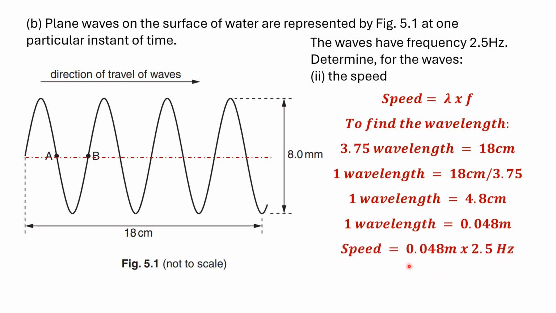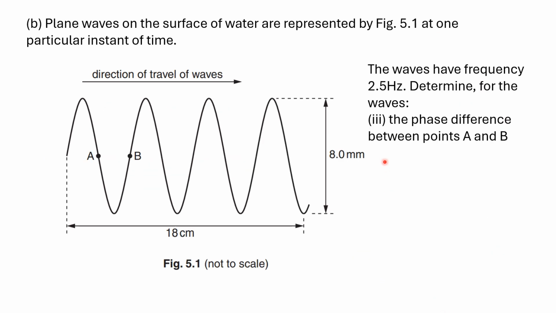And we have 0.048 meters times the frequency is 0.12 meters per second. However, notice that everything here is provided with two significant figures, so we are going to use scientific notation to keep the number of significant figures consistent.